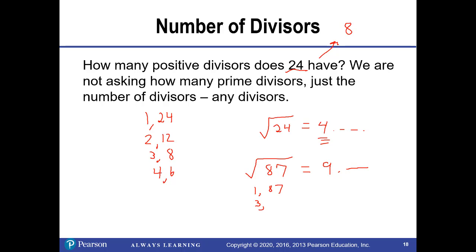I'm using my calculator off screen here just to quickly figure out what that is. That's 29. I know from divisibility rules that 4, 5, and 6 don't divide it. I'm going to check on 7 using the calculator, and it does not. 8 does not, and 9 does not. So the number 87 has 4 divisors.